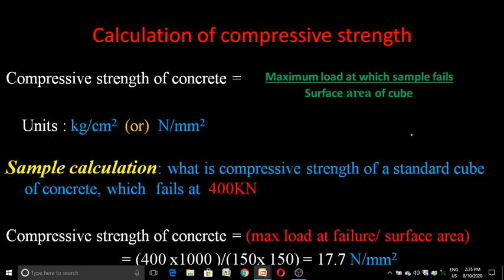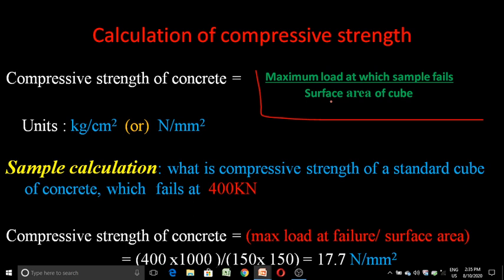Right. Now, how do we calculate the compressive strength? The compressive strength of the concrete can be calculated using this formula: the maximum load at which the sample fails divided by the surface area of the cube. After applying the load, the sample will fail at some load. That load is called the failure load.